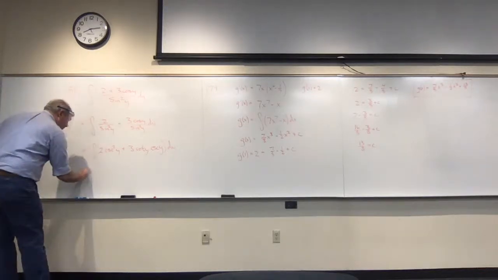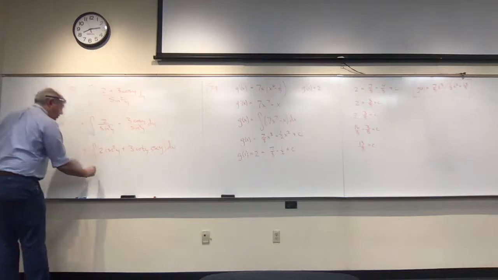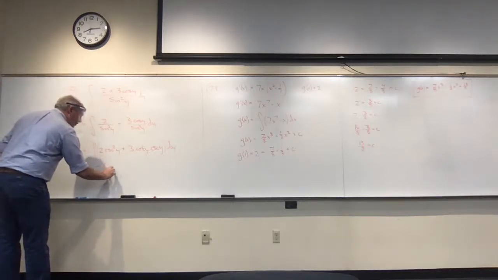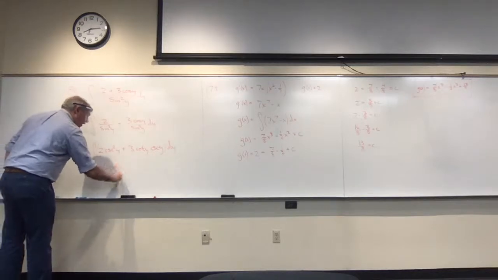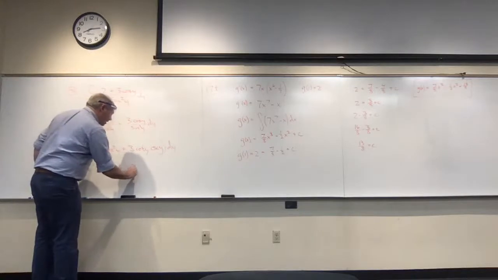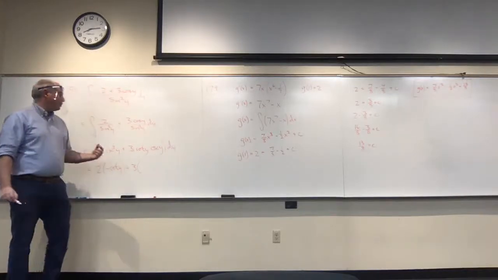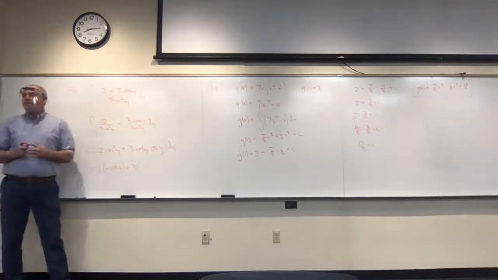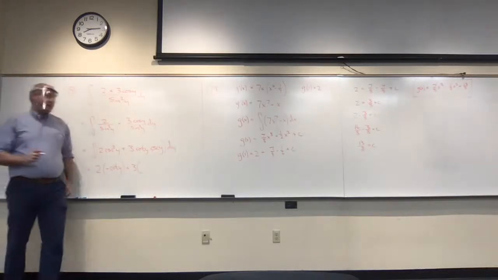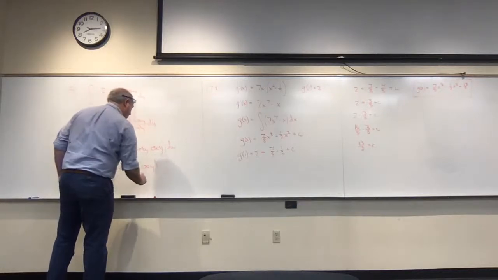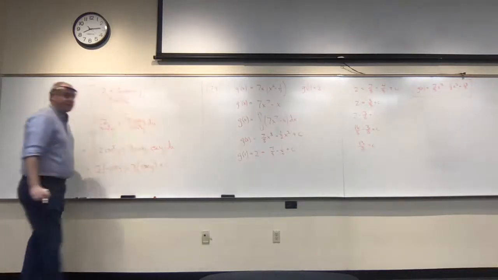So this is equal to, the 2 does nothing, and then the antiderivative here is negative cotangent y. Again, the 3 does nothing. And then whose derivative is cotangent y cosecant y? Cosecant of y, plus some constant.